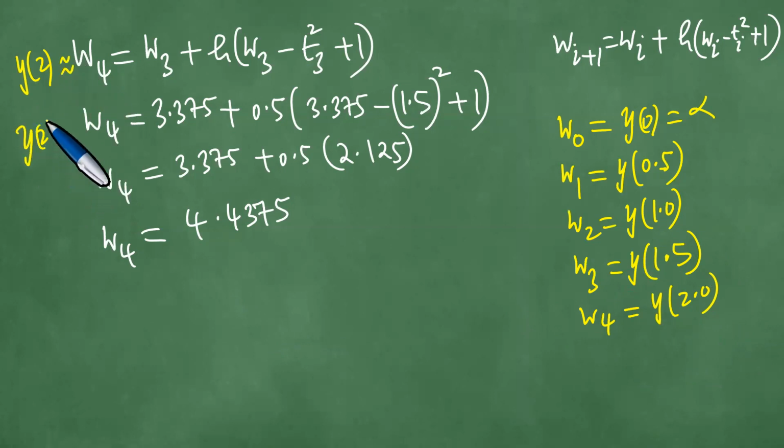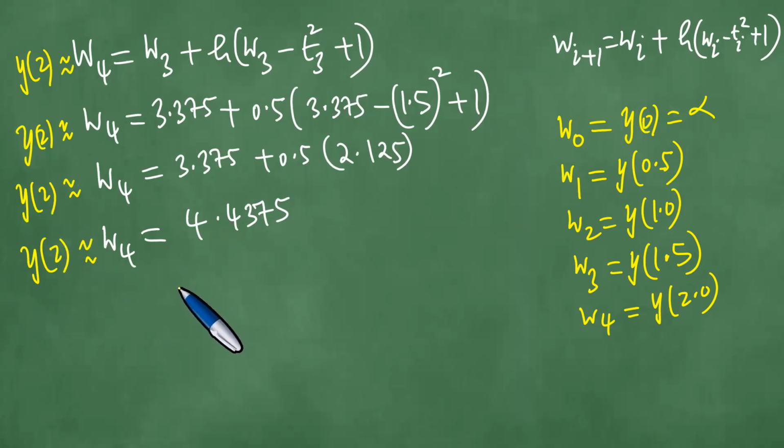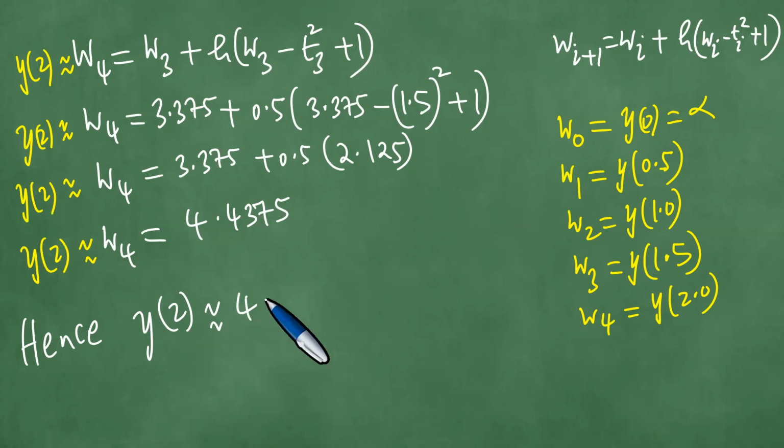It is Y at 2, approximately Y at 2, which is what we had to estimate. And obviously the conclusion is that we have achieved, using Euler's method, that W4 is approximately 4.4375. So this is what we were asked to estimate by using Euler's method, and we have managed to estimate.